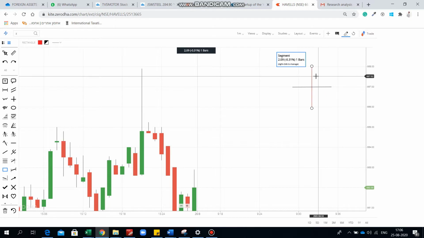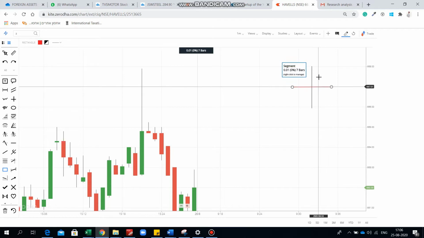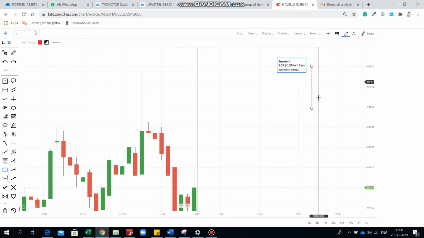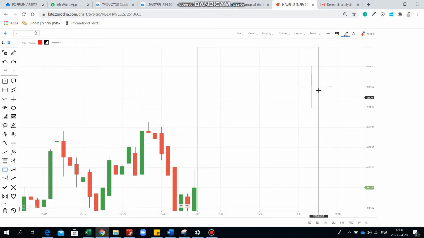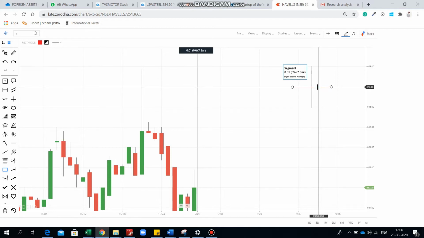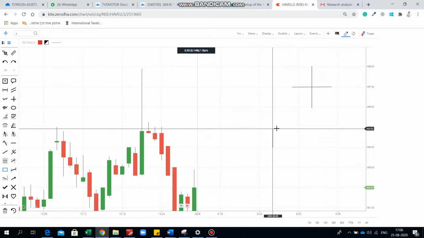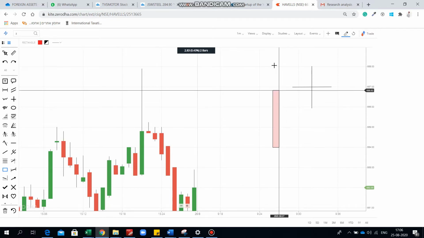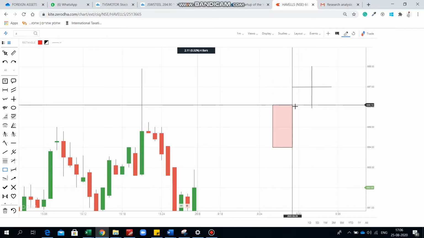And why does it form? So what happens in Doji? The price opens up at 667, it travels to 668, again it goes to 666 and closes at the same price. Because of that, it does not form any body. When a body is formed, the difference between the price opened and the price closed is the part of the body.